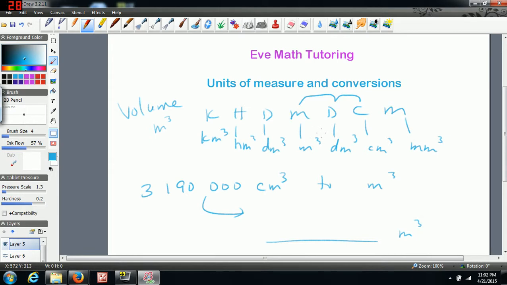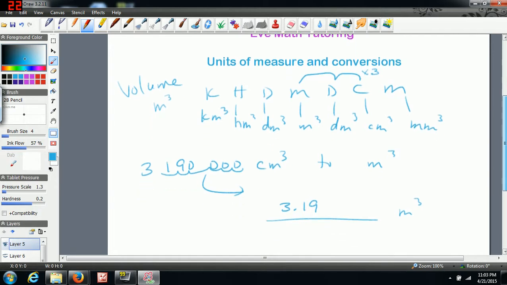However, because the units are cubed, this conversion gets multiplied by 3, so you actually move it over 6 units. So instead of moving the decimal place over twice, I am actually going to move it over 6 units: 1, 2, 3, 4, 5, 6. So the answer is 3.19 meters cubed.